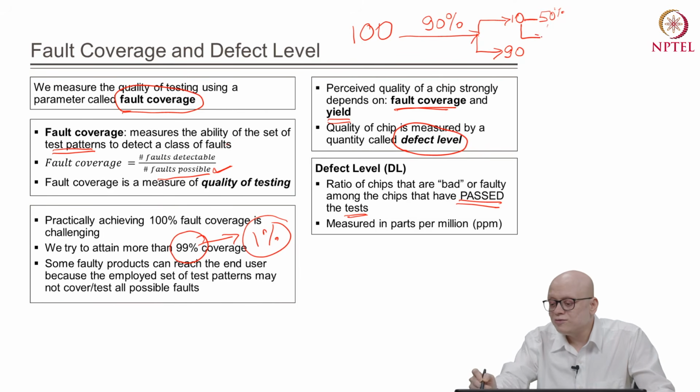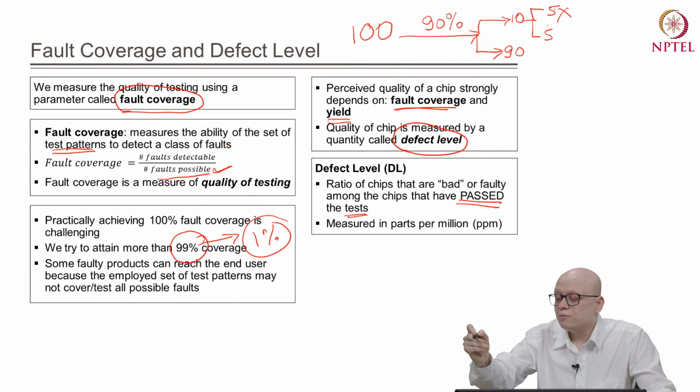So, 5 bad chips will go undetected, and 5 bad chips will be caught, and those will be eliminated, or those will not reach the end customer. So, 5 will not reach the end customer, those are discarded, and 5 will be considered good, because the fault coverage we are assuming is 50%.